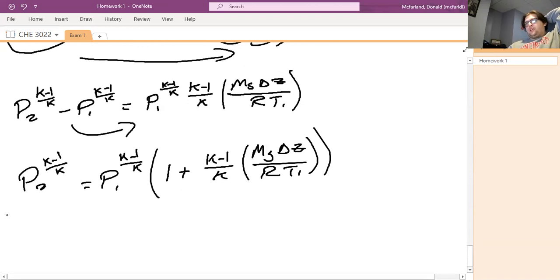And so for our final step, raise everything to the reciprocal of K minus 1 over K.